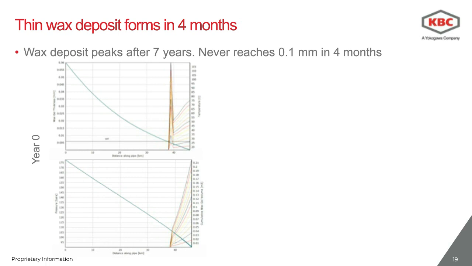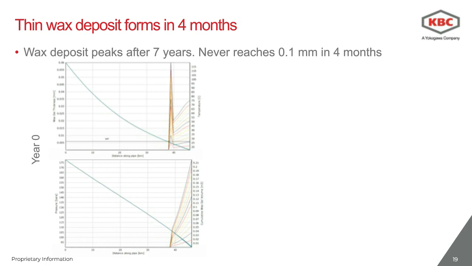And as a result, the pressure drop, which is the green line in the bottom plot, is barely affected by it. So you can see a very small effect of the wax thickness just in the last part of the flow line, but the hydraulics is barely affected by this little wax deposit, even after 4 months of deposition.